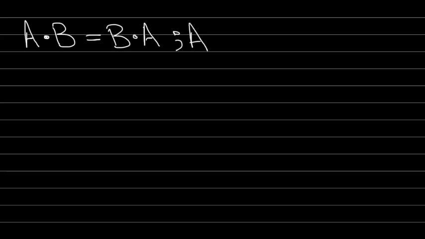Now, another thing you could do is add in commutativity, right? I don't know if I'm pronouncing that right, but say you have some composition A with B, and if that is equal to B composition A, then you say that the group is abelian, right?